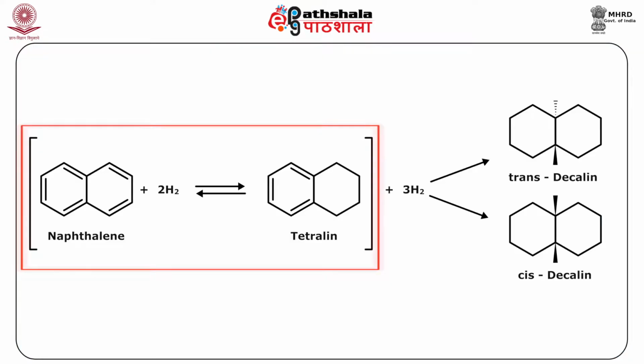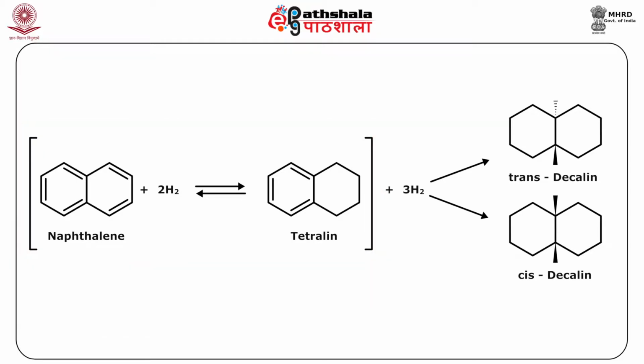Decalin is also known as decahydronaphthalene because it is a saturated analog of naphthalene, and it can be prepared from naphthalene by hydrogenation in the fused state in the presence of a catalyst. The nature of the catalyst will decide which isomer of decalin will be synthesized.